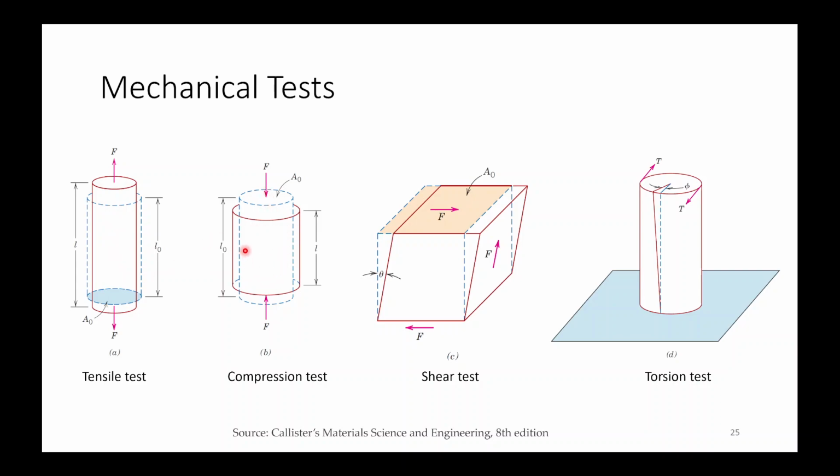In compression, the cross section increases and the length decreases. In a shear test, you apply a load and a change in shape takes place according to theta. And in the case of torsion, one face is fixed and you apply a torque, so an angular type of force is applied.